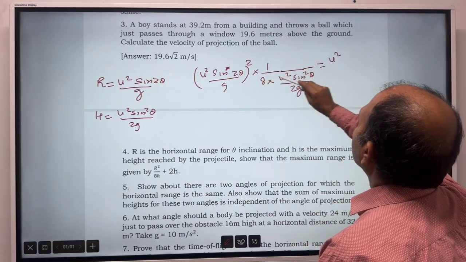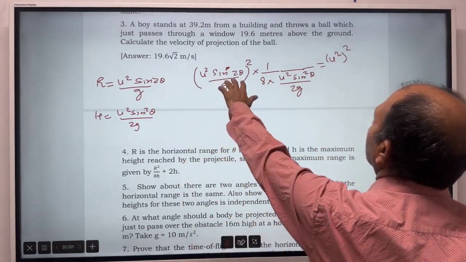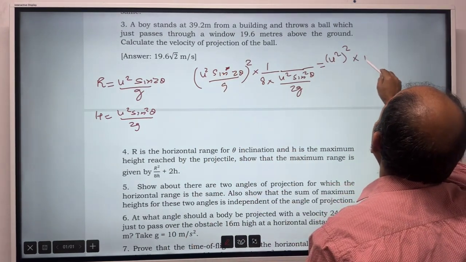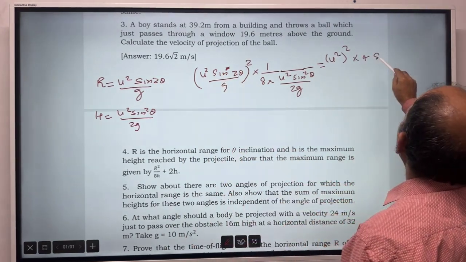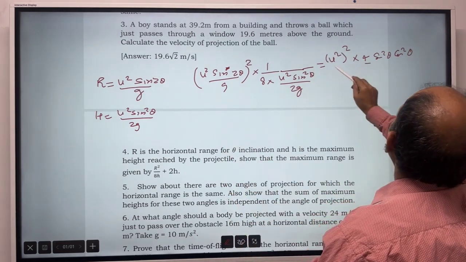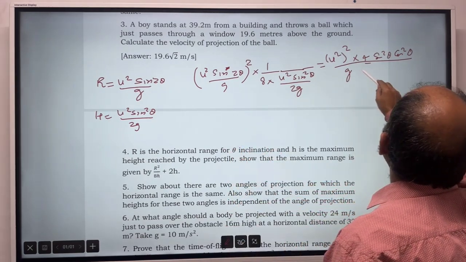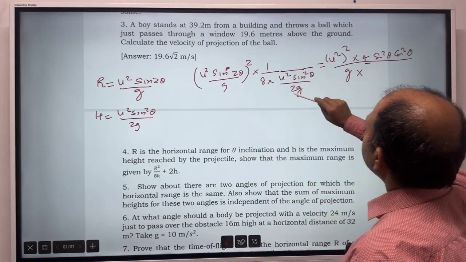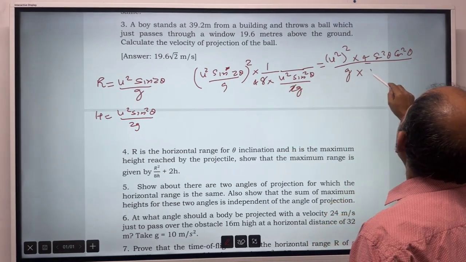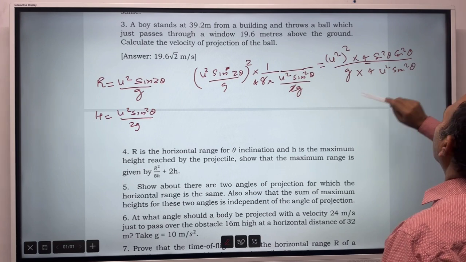U square whole square, so u to the power 4, and sine 2 theta when squared will become 2 square, that is 4, then sine square theta cos square theta divided by g square, multiplied by 4 upon 8, that is, this 2 will cancel with this 8, so 4 will be left, u square sine square theta.